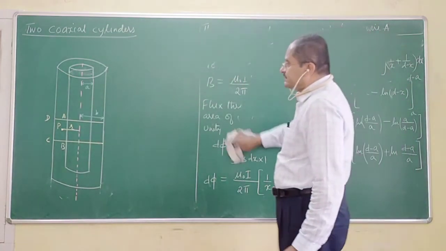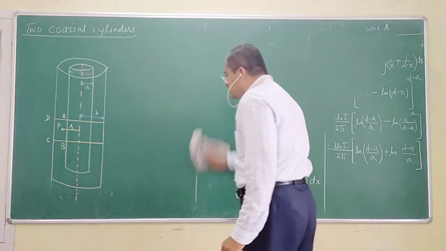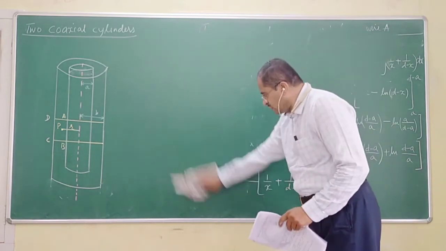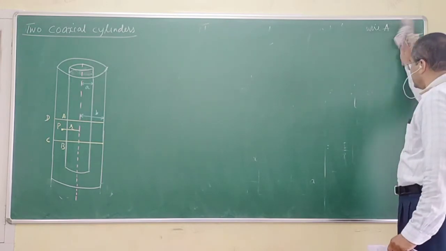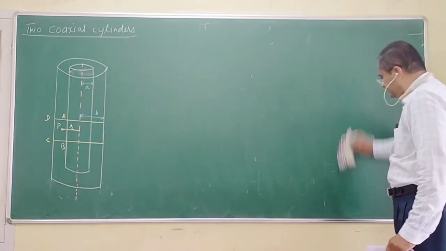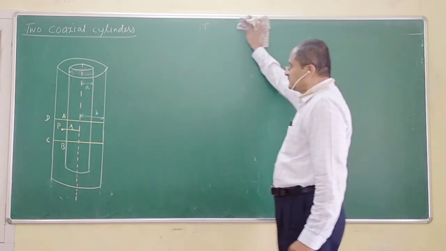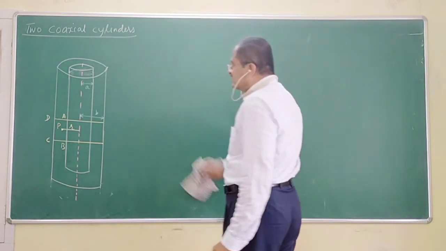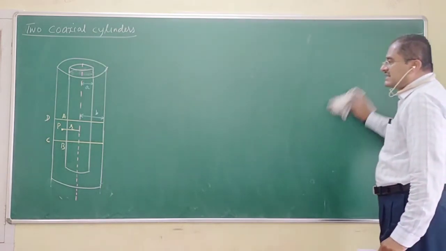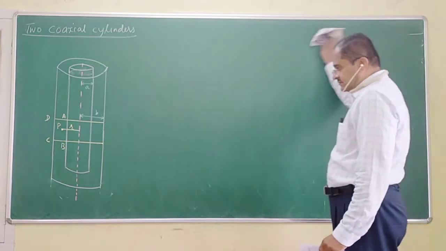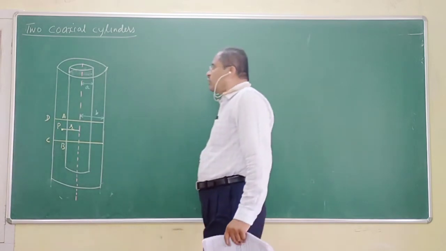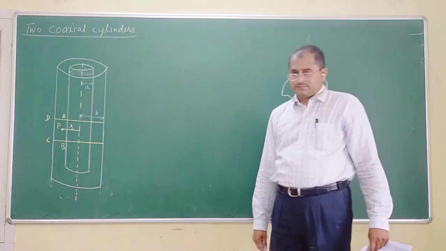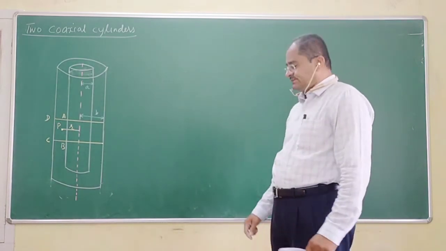So in the figure, I have shown you two cylinders coaxial with one another. The radius of the inner cylinder is A. The radius of the outer cylinder is B. Let us consider two coaxial cylinders as shown in the figure.